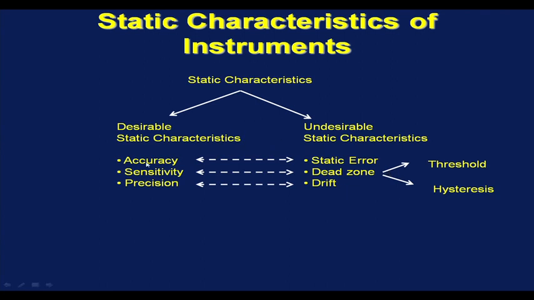So, corresponding to accuracy, which is desirable static characteristic, we have static error, which is undesirable static characteristic. Corresponding to sensitivity, which is desirable, we have dead zone, which is undesirable. Corresponding to precision, which is desirable, we have drift, which is undesirable.